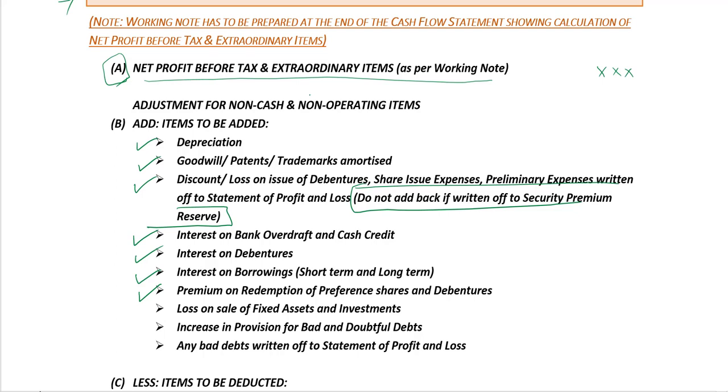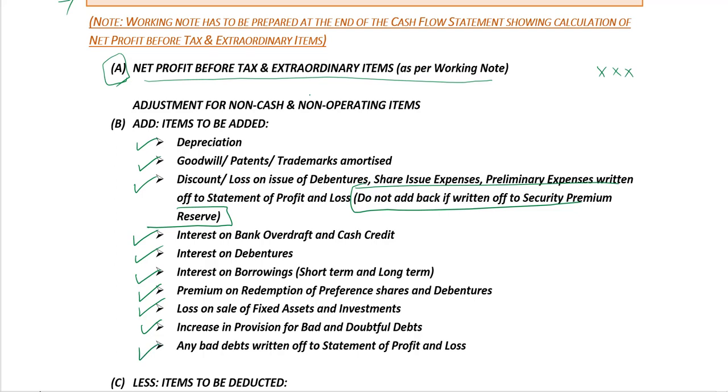Where fixed assets or investments are sold and there is a loss on the sale, such amount of loss on sale to be added back. An increase in the provision for bad and doubtful debts needs to be added. And where the statement of profit and loss is given and any bad debts has been written off, remember it's a book entry, so such bad debts written off to statement of profit and loss also needs to be added.